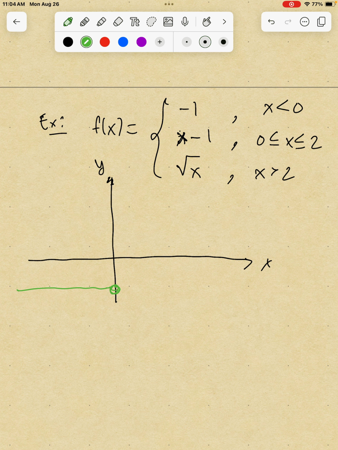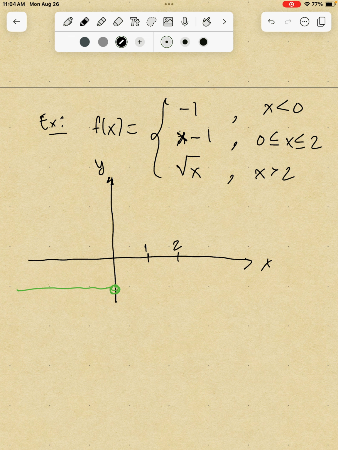And when x is between 0 and 2, I have x minus 1. X minus 1, that looks like... Now, you could practice, so I want something I can easily erase.